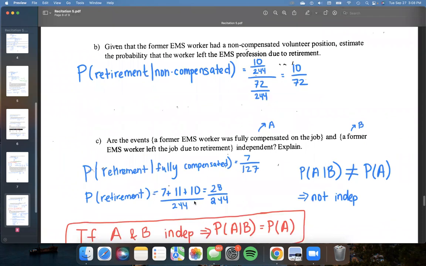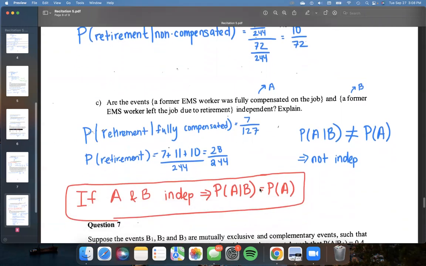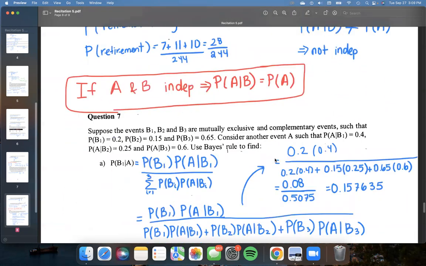So that would be our numerator, which is 28, and then divided by the total, 244. So here, 7/127 does not equal 28/244. So they're not independent. If they were equal, then yes, they would be independent. But since they're not equal, they're not independent.